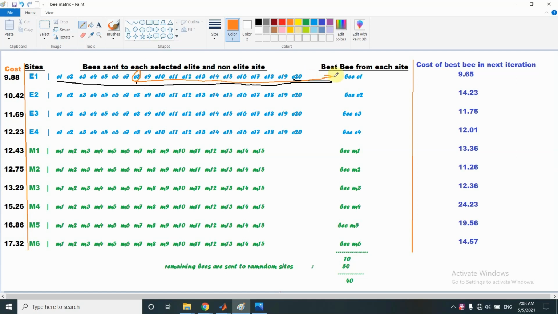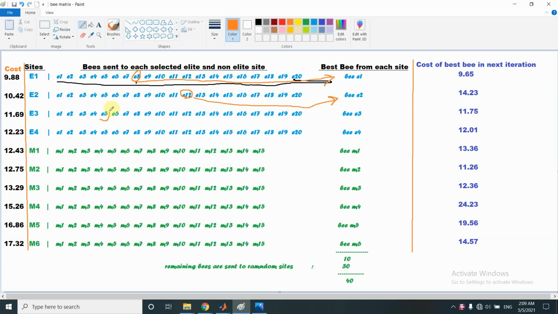So this would be the best bee from site E1. Similarly, let's say that for site 2, E2 has got the best cost. So this would be the best bee from site E2.